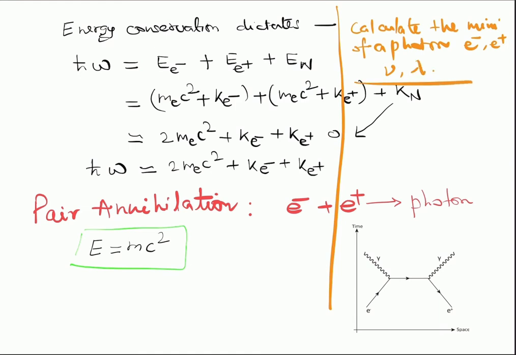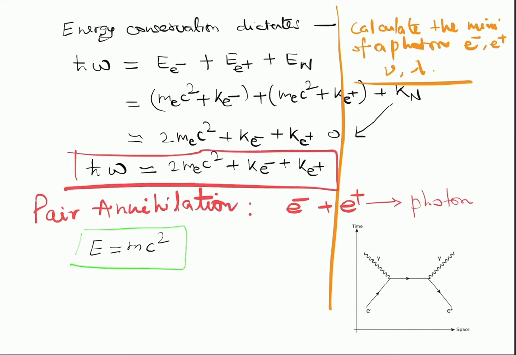Friends, we will use this relationship which we just derived. To find the minimum energy of a photon required to produce an electron positron pair, the kinetic energy of the electron and positron should be minimum, that will be 0, so that the energy of the photon would be minimum.